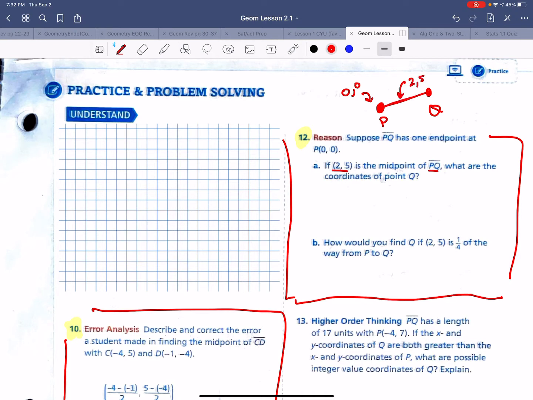So I want enough room so that I can have room for Q. So I'm going to set the X and Y axis here. I can put it wherever I want. I'm the boss. But it says point P is at 0, 0. Now it says the midpoint is at 2, 5, so I'm going to go over 2 and then up 5. So the midpoint is at 2, 5.